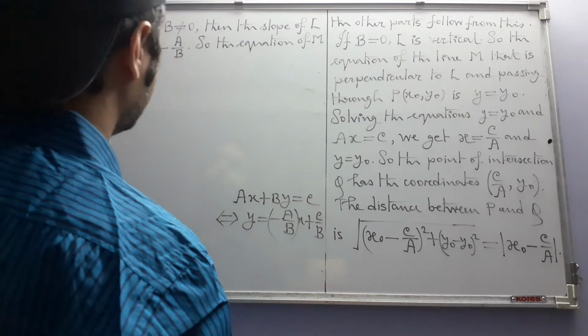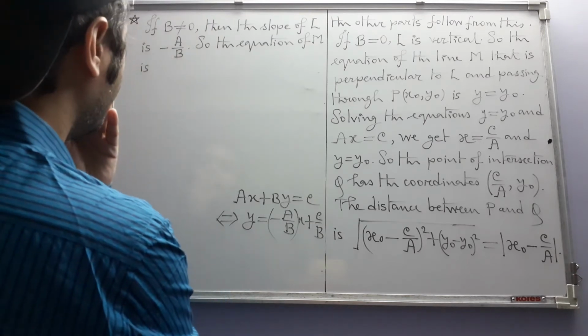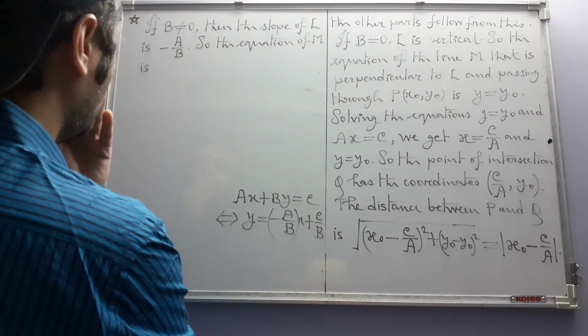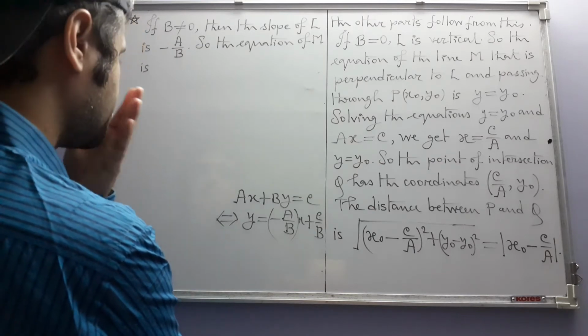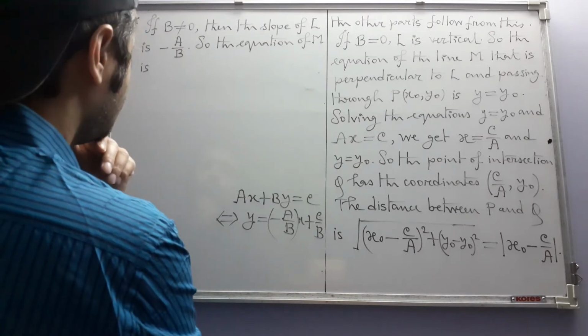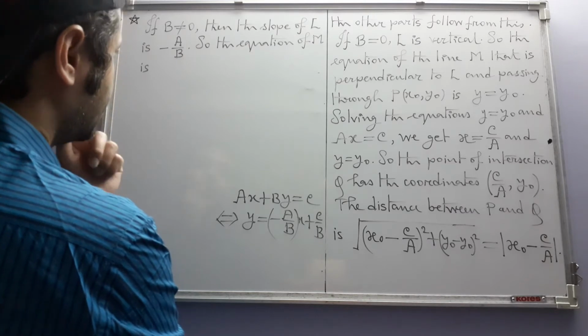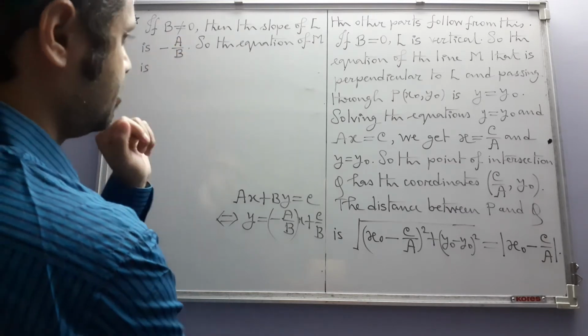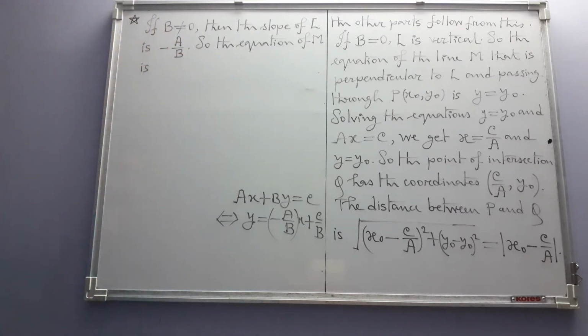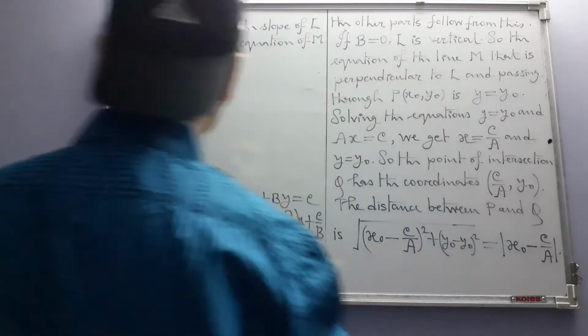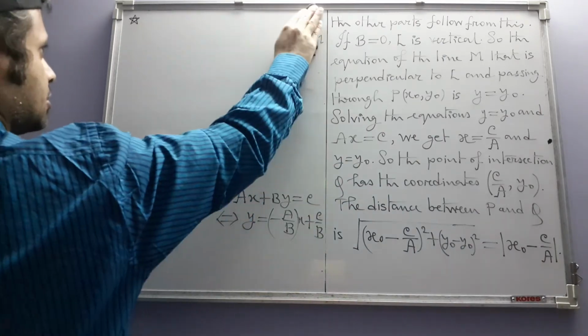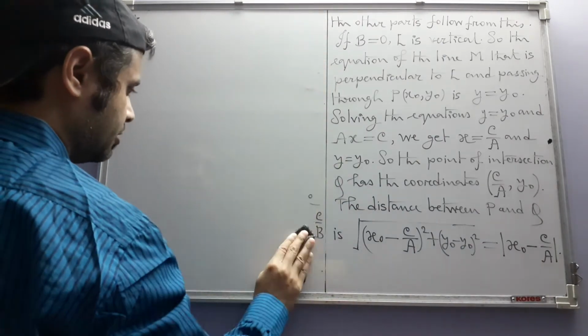But there again, still we have to take care of one more thing, namely we cannot take the negative reciprocal if a is 0. So that case also has to be handled separately.